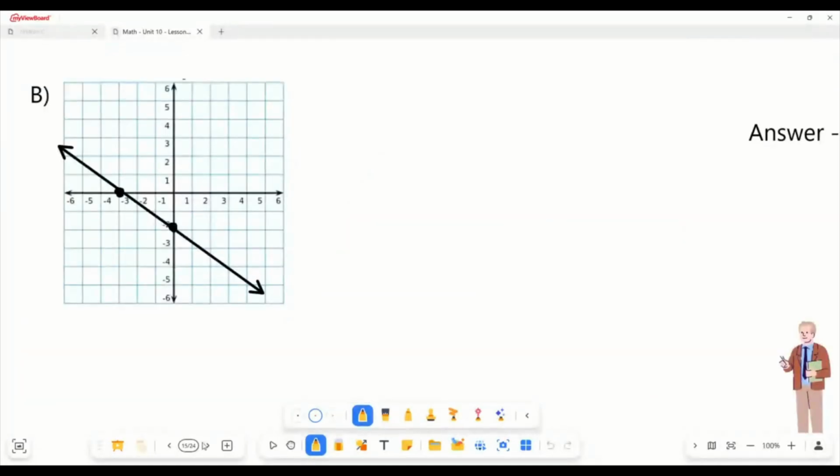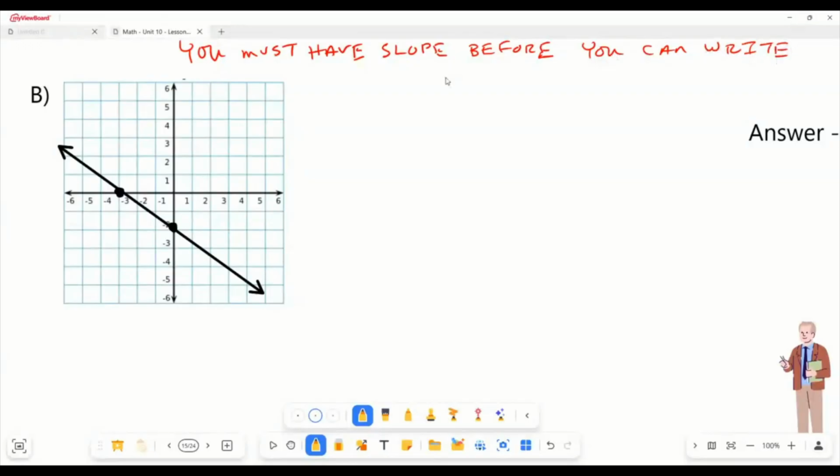All right, here's the next one. This picture is giving us two pieces of information.